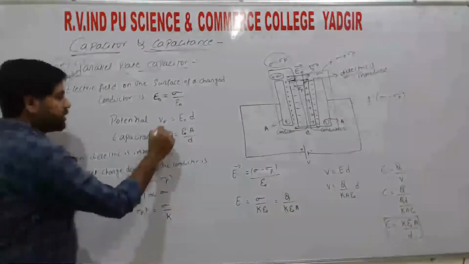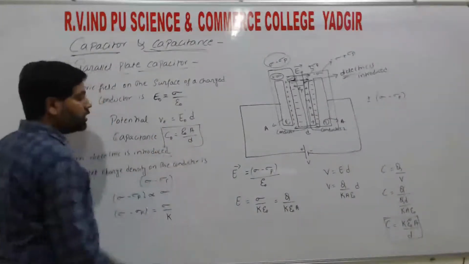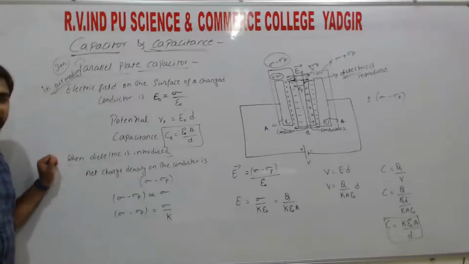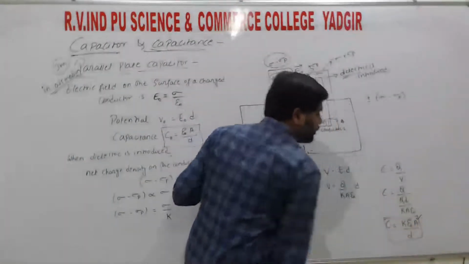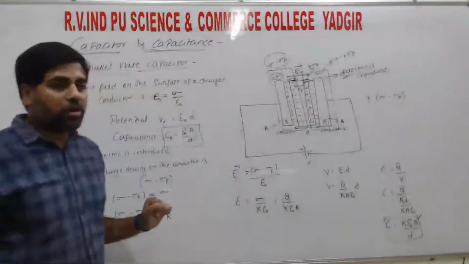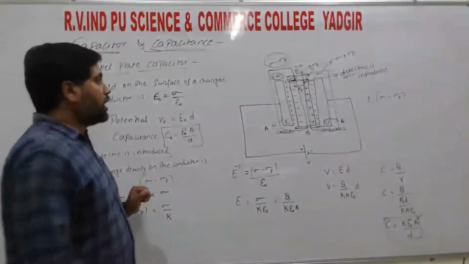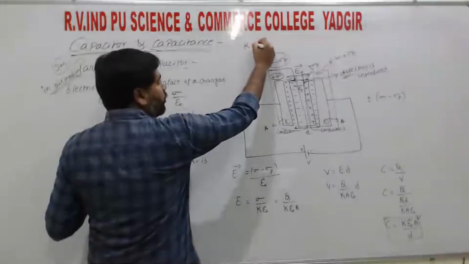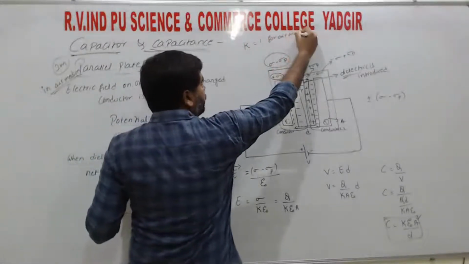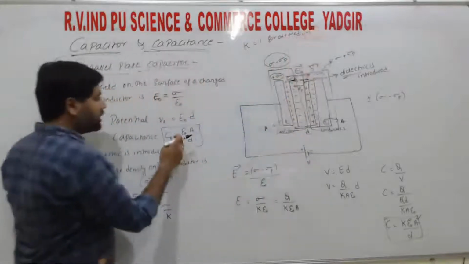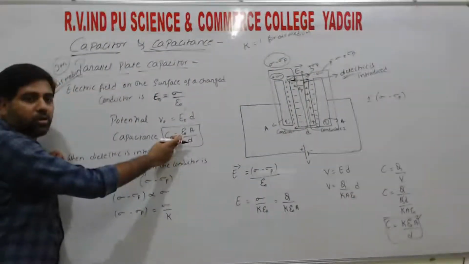Without the dielectric, we had C naught equal to epsilon naught A by D. When the dielectric is introduced, we get C equal to K epsilon naught A by D. As discussed in the last chapter, K is equal to 1 for the air medium, hence here K is equal to 1.